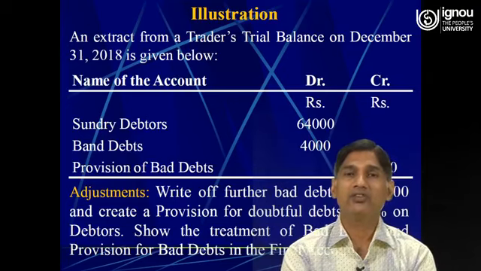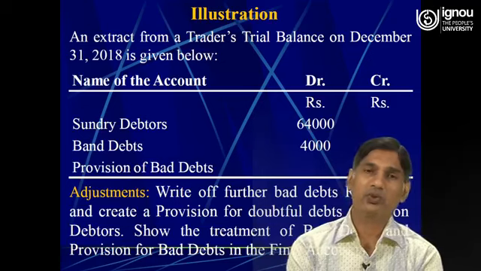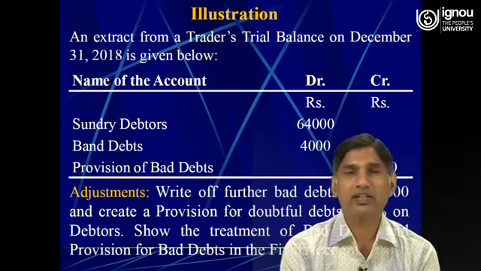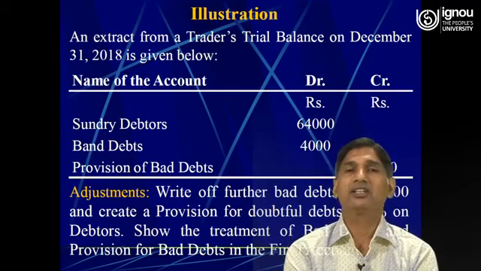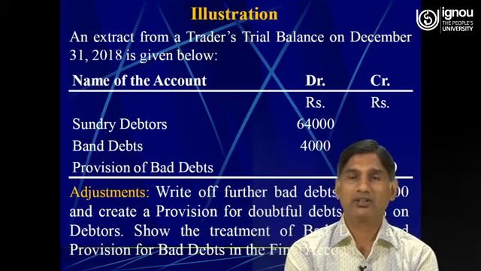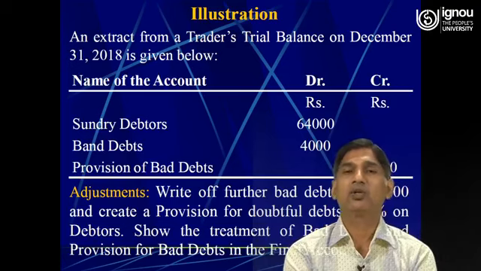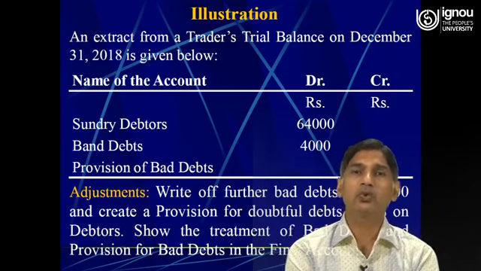First of all, we will deal with it in the debit side of profit and loss account. So here we have a very simple equation: bad debts 4,000 plus further bad debts 2,000 plus new provision.